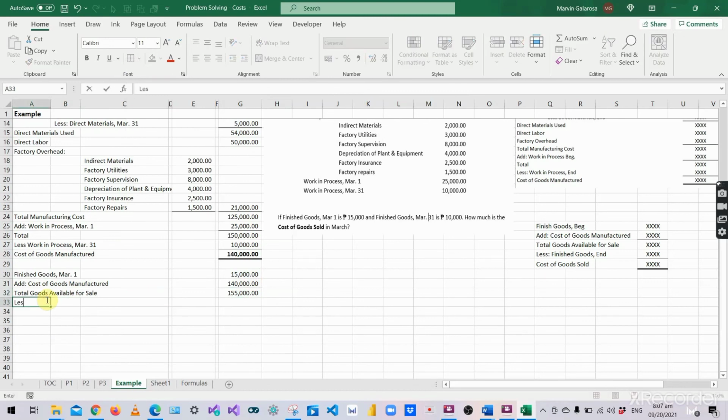And then we list the finished goods ending, which sa example natin, yan yung finished goods March 31 na 10,000. We will get the cost of goods sold.